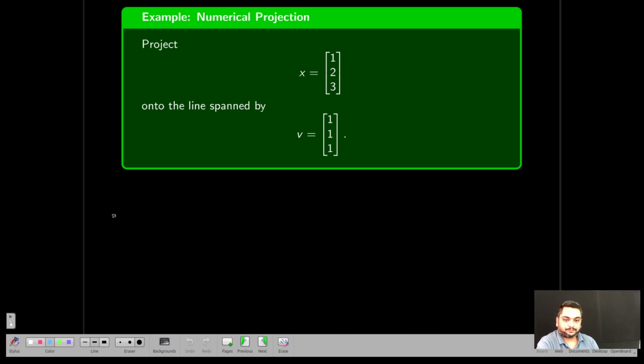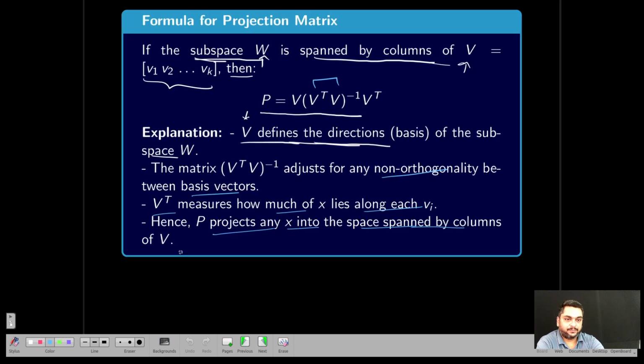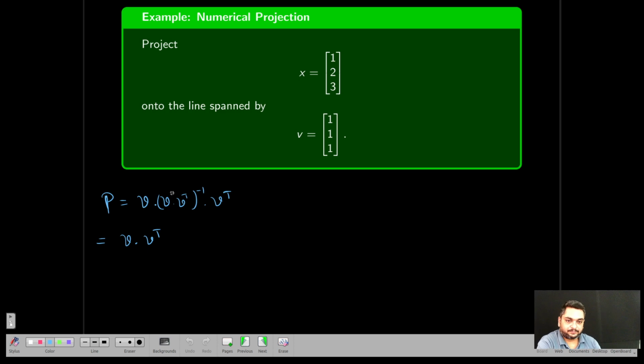Now, how will you find P? P is equal to V into V transpose V inverse, then V transpose. In short, I can bring this to the denominator, no? V into V transpose divided by V transpose into V. What is V here?